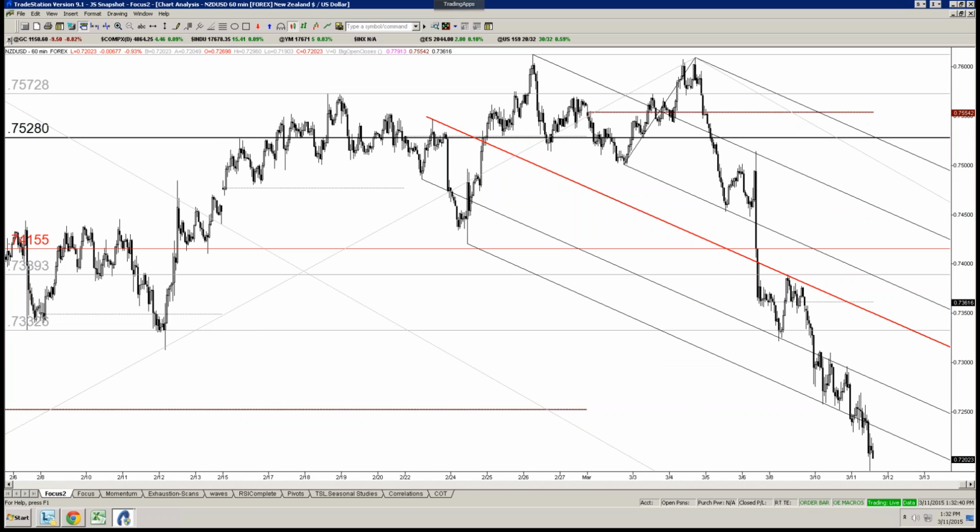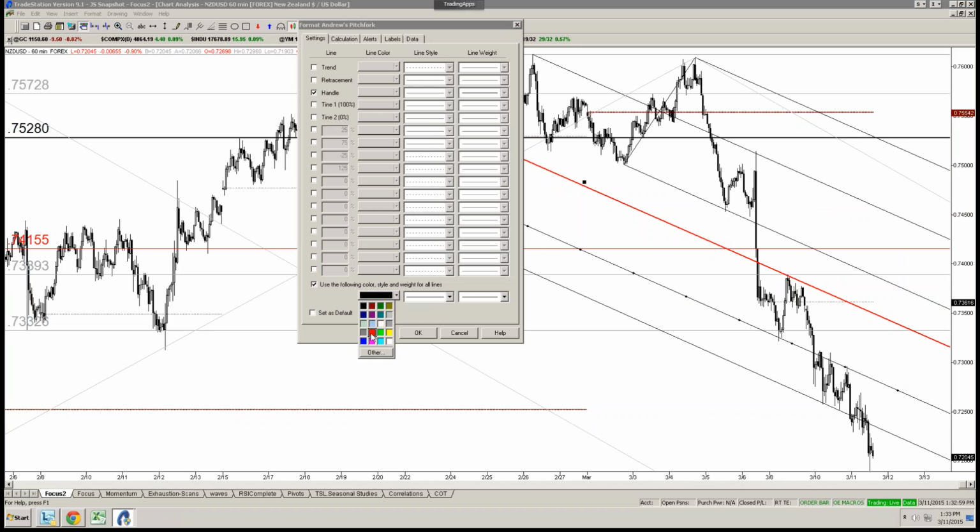But you've got the same slope here as potential resistance, okay? Ideally, again, this red one is the one that I would look to target because it's been extremely precise. But then I did notice right before the webinar when I was going through the charts again, there is this one as well.